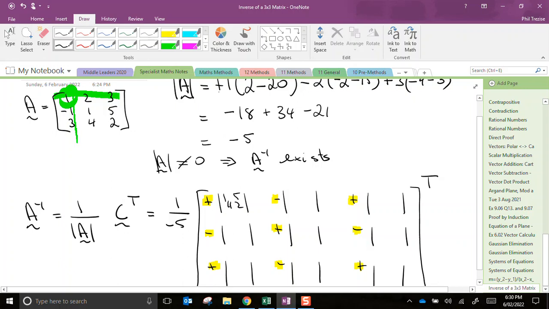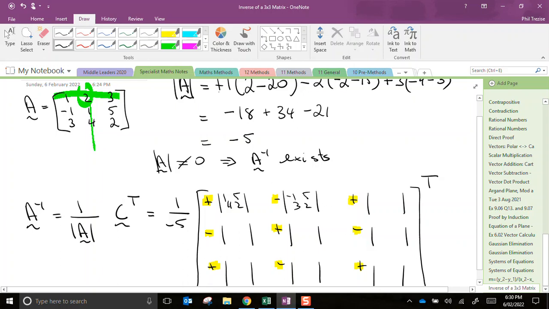Then if I look at the second element in the first row, the remaining minor matrix is negative 1, 5, 3, 2. And so on and so on.